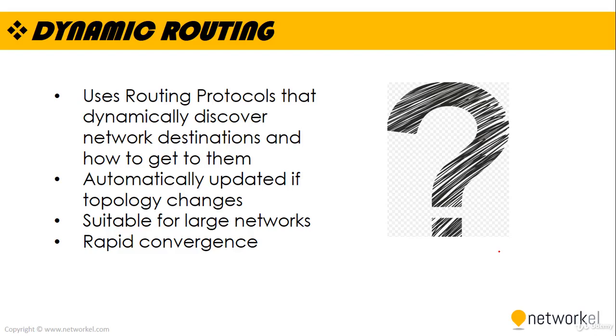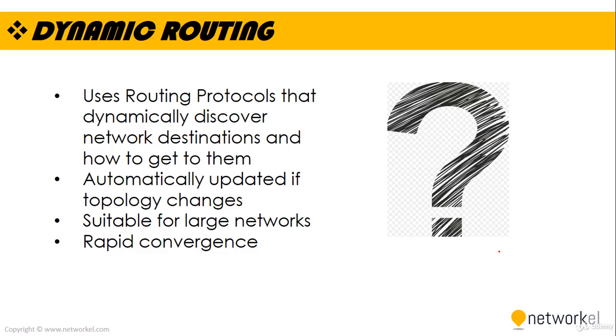In dynamic routing, routing protocols running in routers continuously exchange network status updates between each other as broadcast or multicast. With the help of routing update messages sent by the routing protocols, routers can continuously update the routing table whenever a network topology change happens.